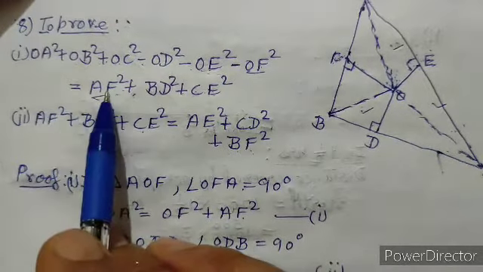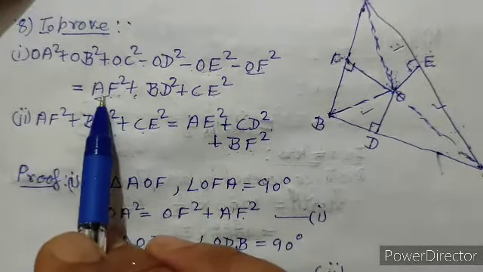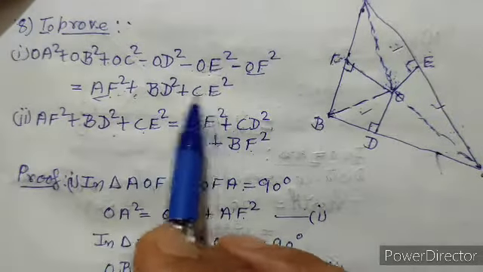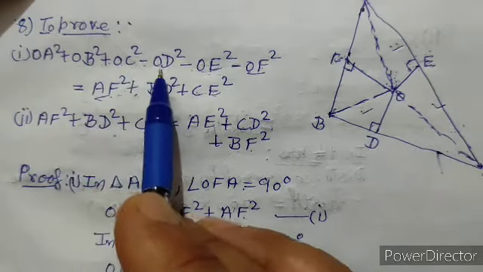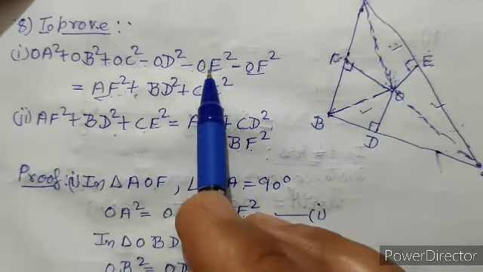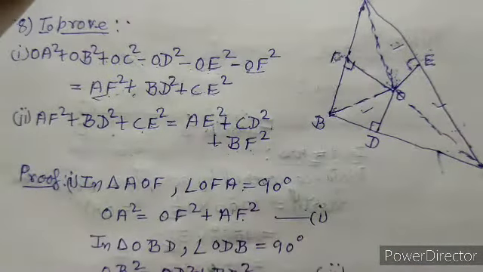From the proof of the first part, AF square plus BD square plus CE square is equal to OA square plus OB square plus OC square minus OD square minus OE square minus OF square.